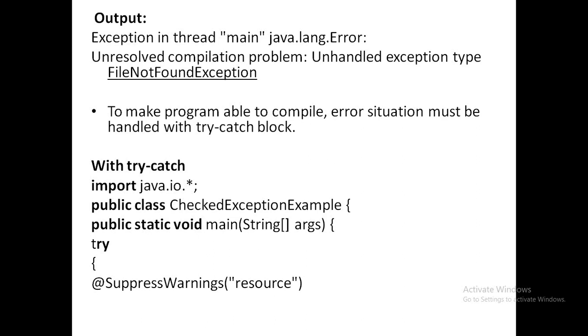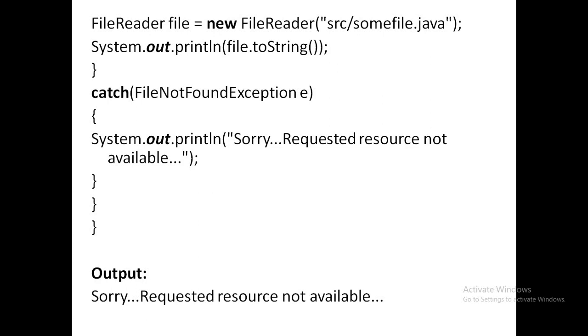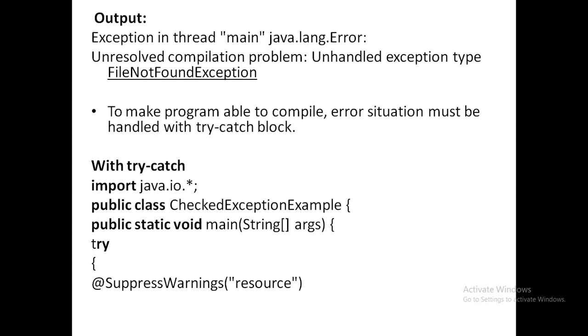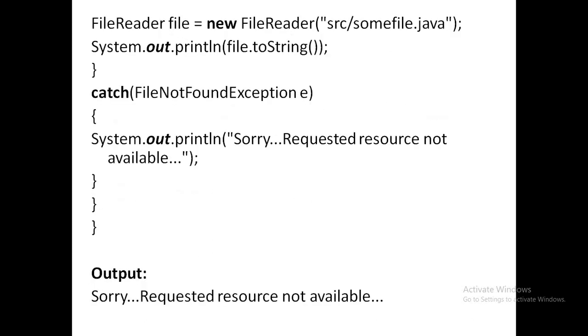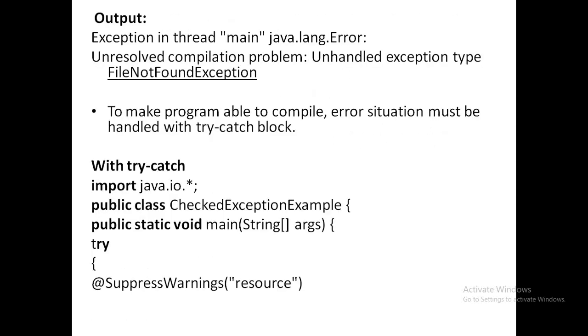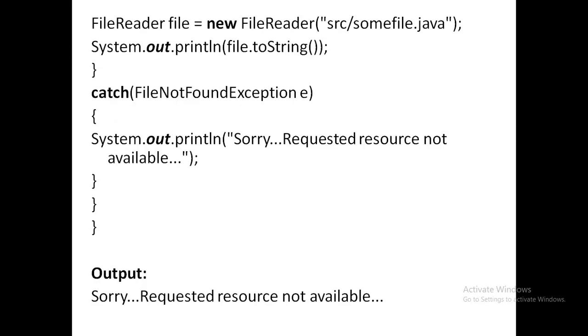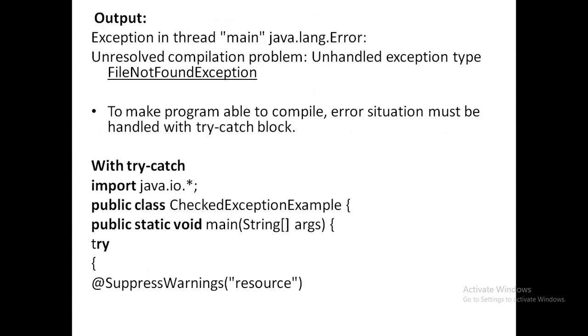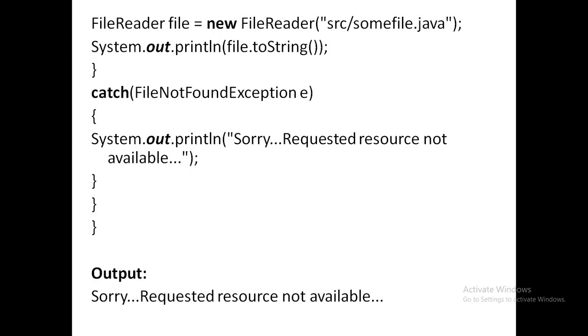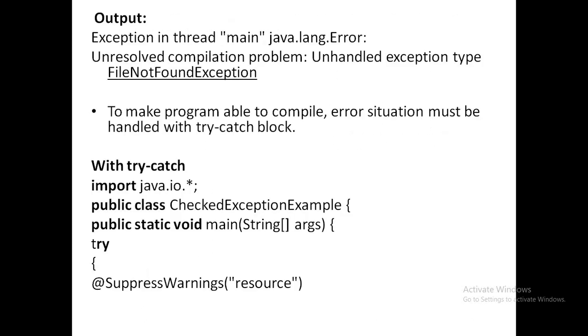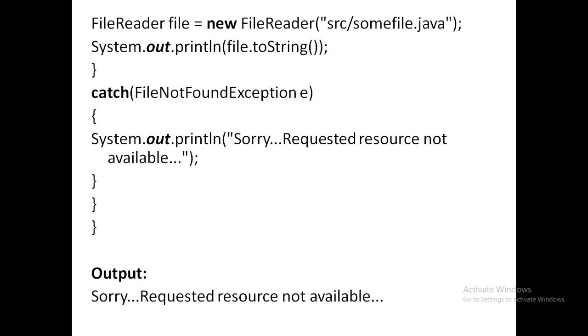Here we shall see the program where the error situation is handled with a try-catch block. So here the file which is in trouble is accessed in the try block, and the exception that occurs is handled in the catch block.